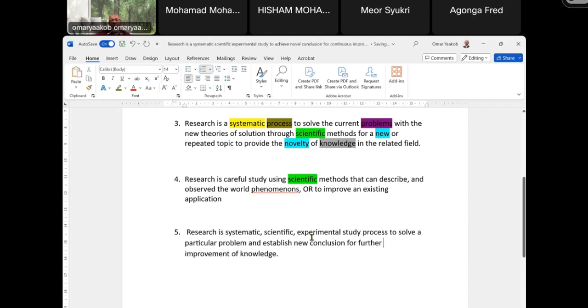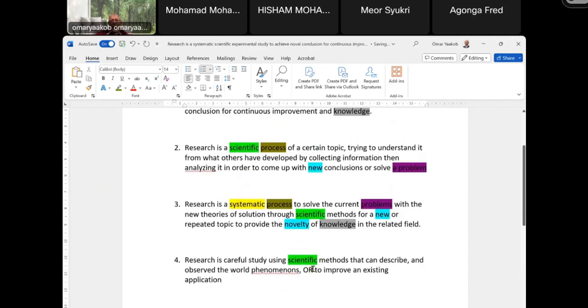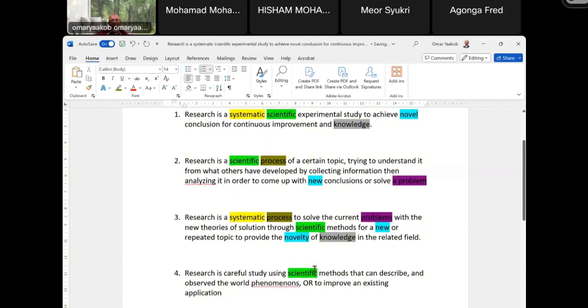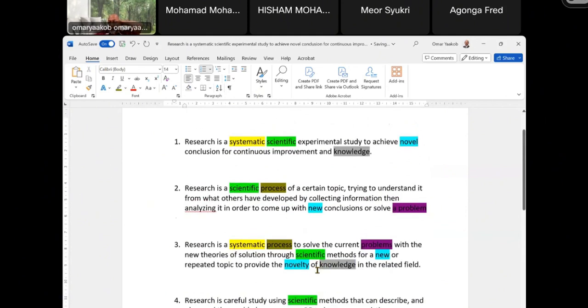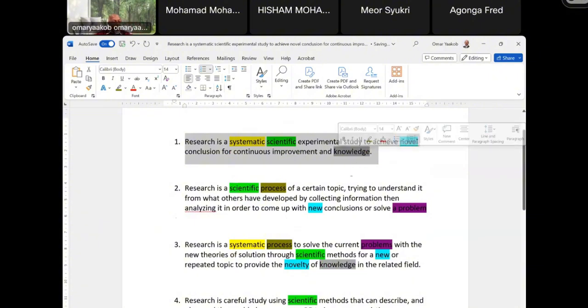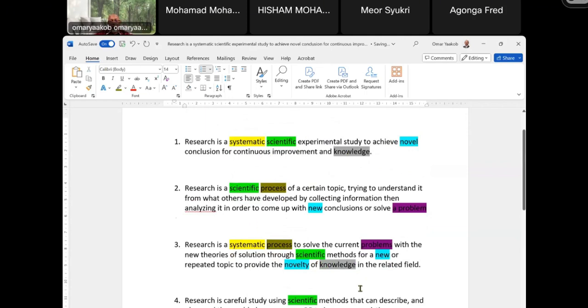I want to hear from your friends whether this is okay. We just keep number one because number one contains all these elements, but there are some that are not available here.